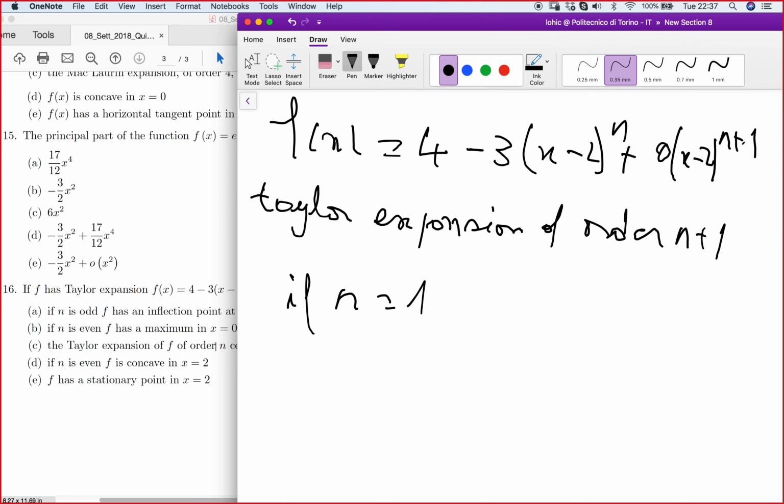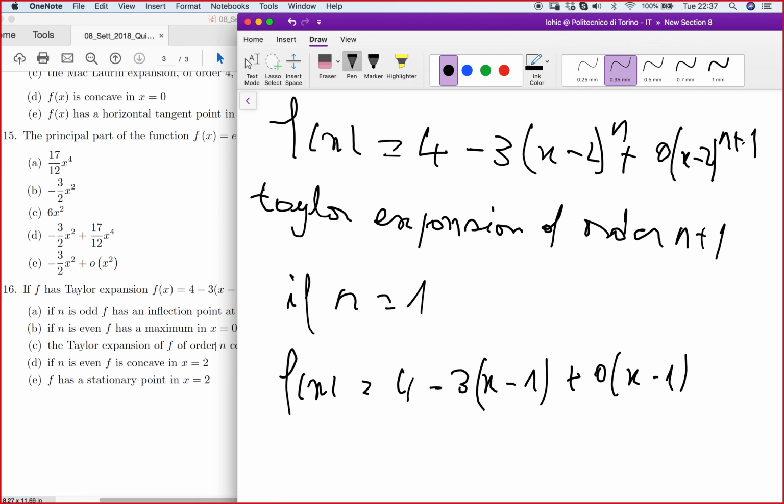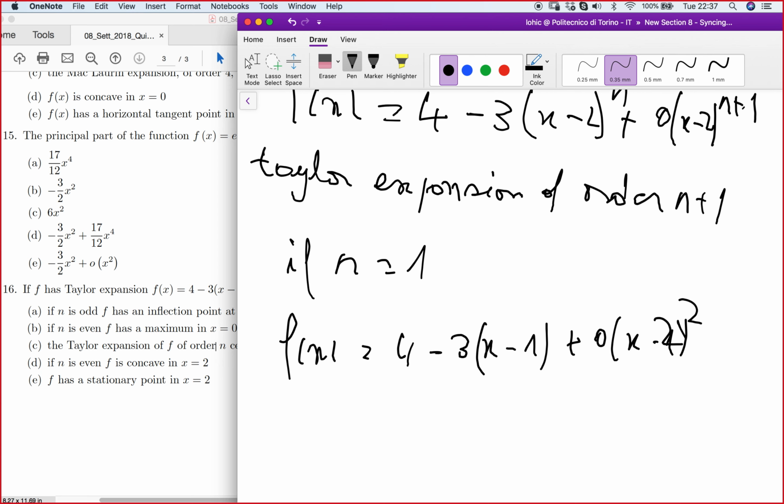What will be the expansion of f of x? The f of x will be equal to 4 minus 3 multiplied by (x minus 2) plus little o of (x minus 2) squared.